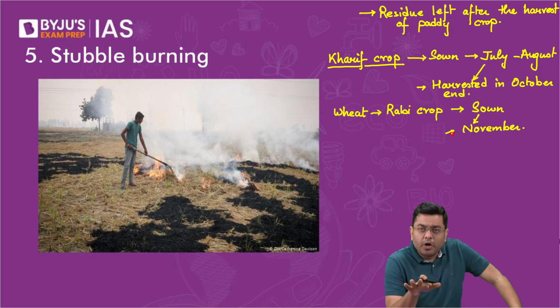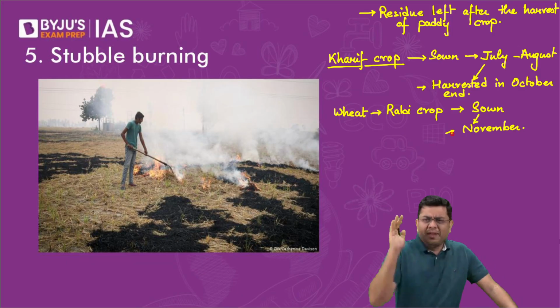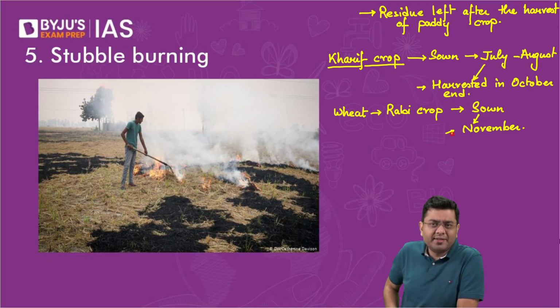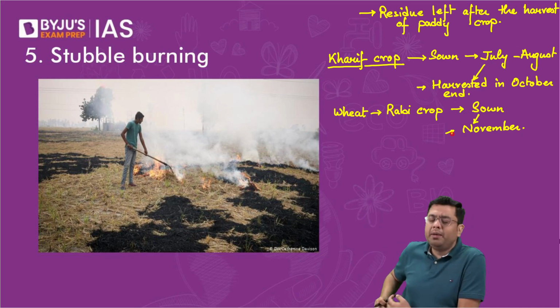You grow the crop in that area which that region is suited for. Don't grow a crop which that region is not suited for just because you are getting MSP. MSP, anyways, is not sustainable economically. Those of you who have studied economics would realize that it is not sustainable in the long run. Somebody will have to take a hard call, maybe 10 years down the line, maybe 15 years, maybe 20 years down the line.